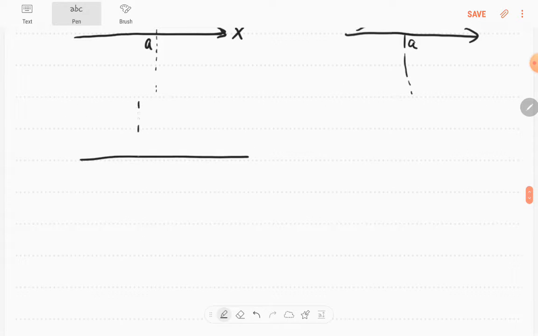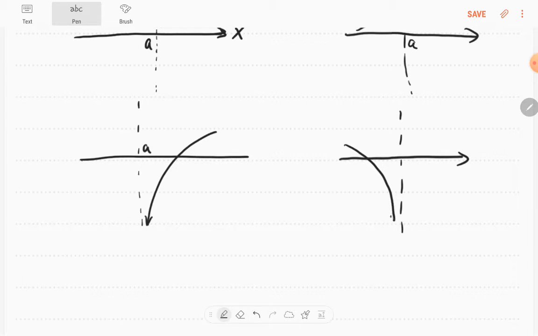Or you will have this one. Again, it is very close to x equals A, but never touches or crosses. Or you will have this one. If one of the cases is true, then we say this is a vertical asymptote.